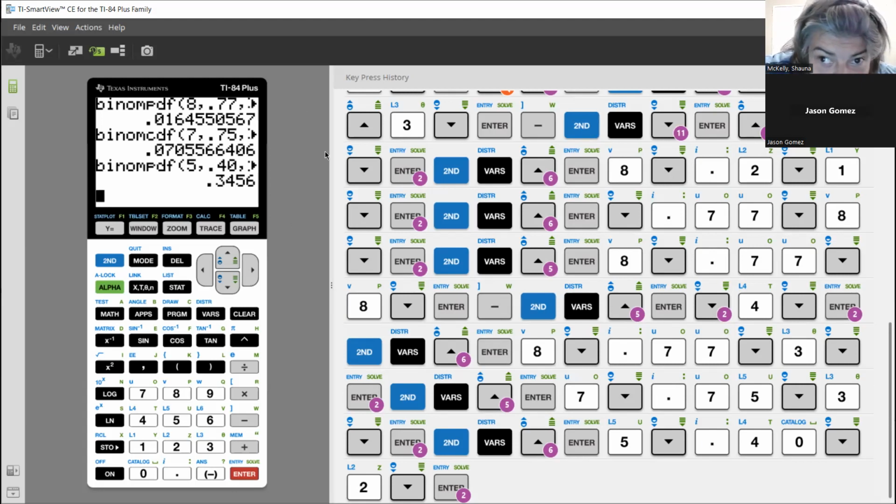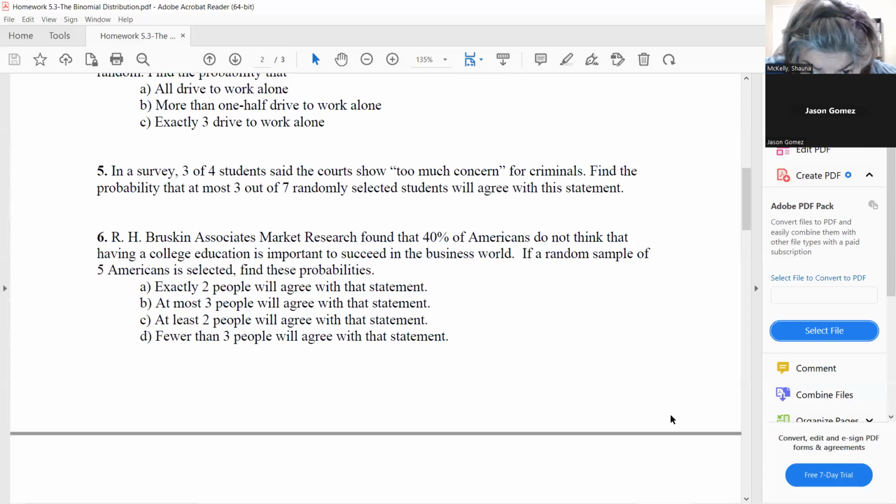Okay, let's continue. Let's go back to number 6 and see what it says for B. B says at most 3 people will agree. Probability of at most 3 people. So what are we gonna do here with part B?